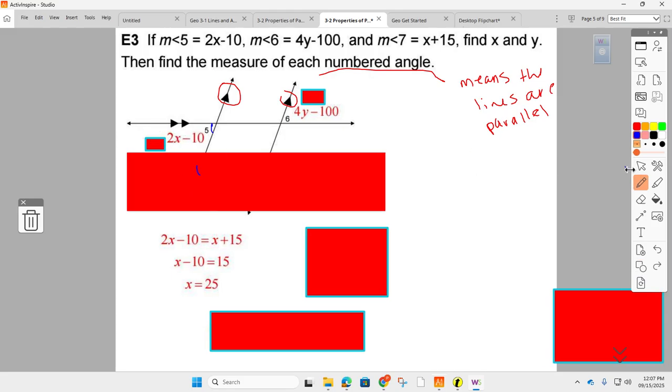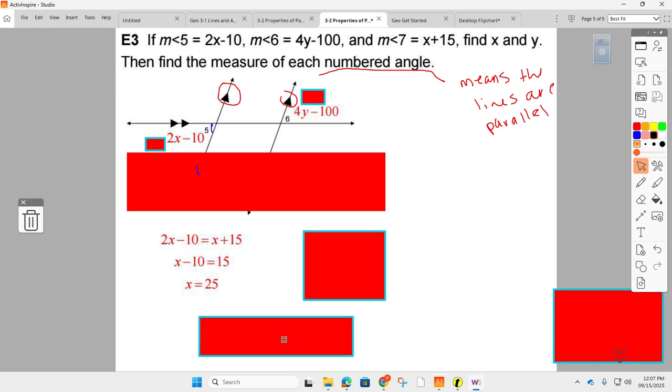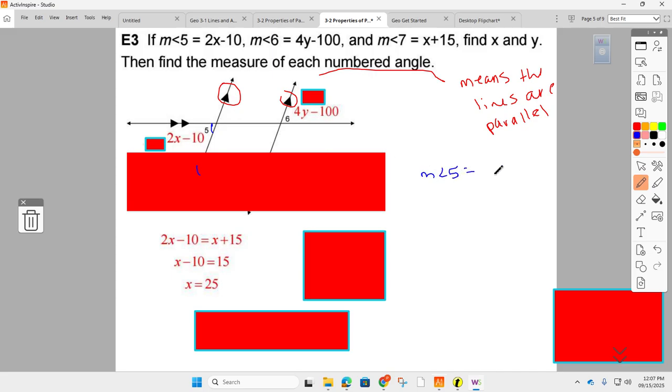No problemo though. Remember, I can plug in my x there. So now we know the measure of angle 5 is equal to 2 times 25 minus 10. So the measure of angle 5 is actually 40. So now we can use 40 here being equal to 4y minus 100.